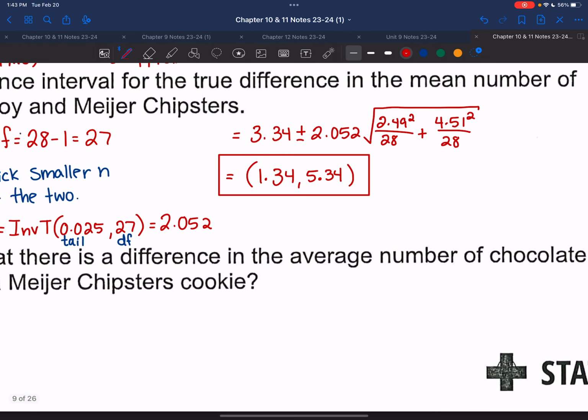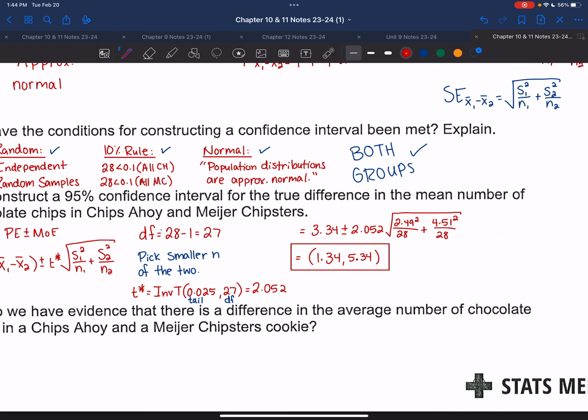All right. Now, something else to note is that this is a conservative degrees of freedom. What I mean by that is there are functions in your calculator that can do this entire process on its own. The only thing it asks for is your sample means and standard deviations. You plug those in, hit enter, and it'll do everything else.